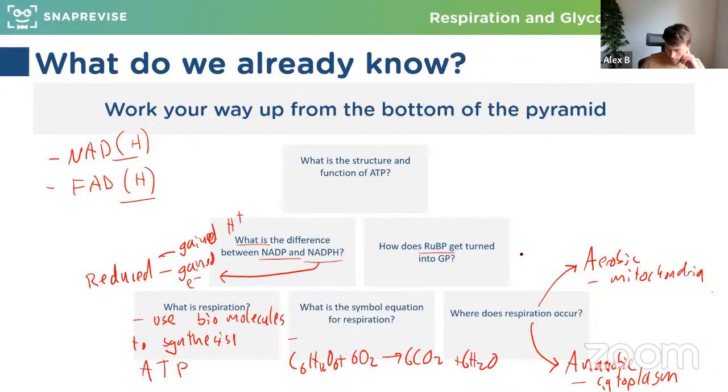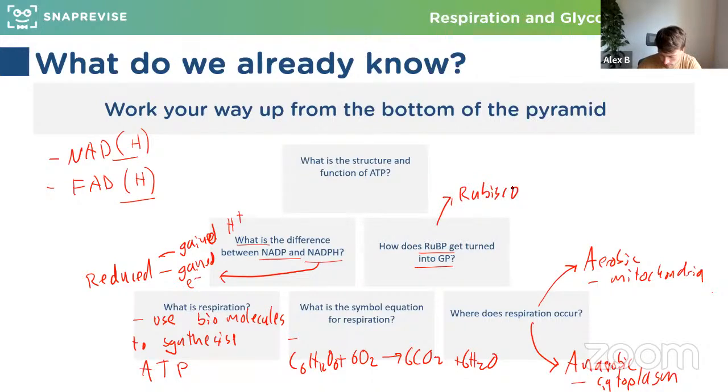So how does RuBP get turned into GP? Again, this is photosynthesis content. Catalyzed by Rubisco.